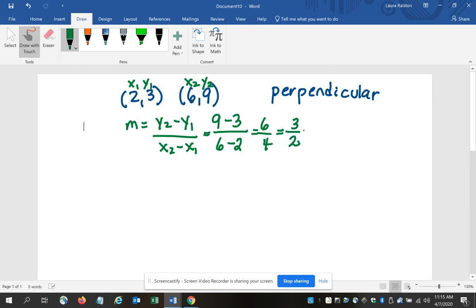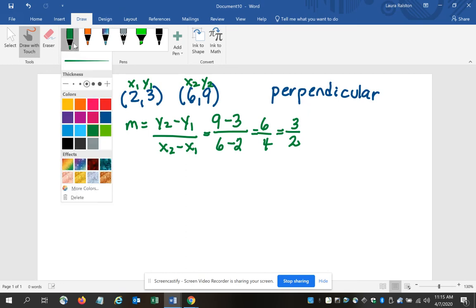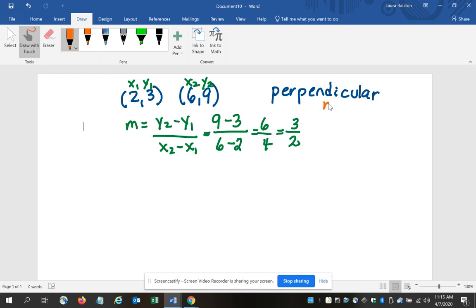So the slope of the given line is 3/2. But remember, we want the perpendicular slope. For the perpendicular slope, we would have the negative reciprocal. To find the negative reciprocal, you flip it, so it becomes 2 over 3, and you change the sign.